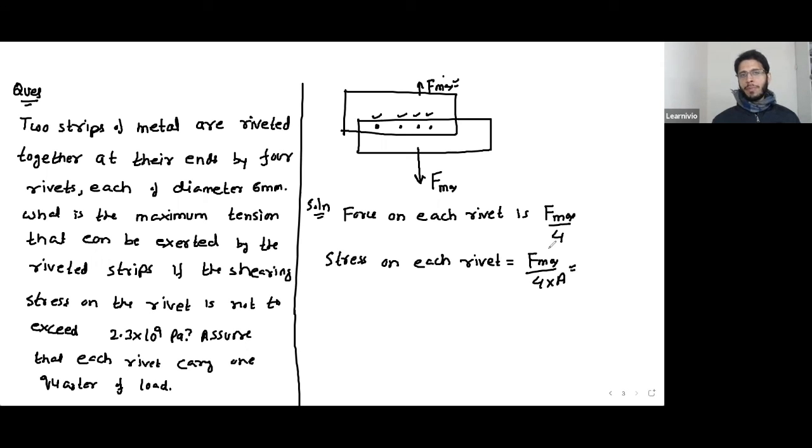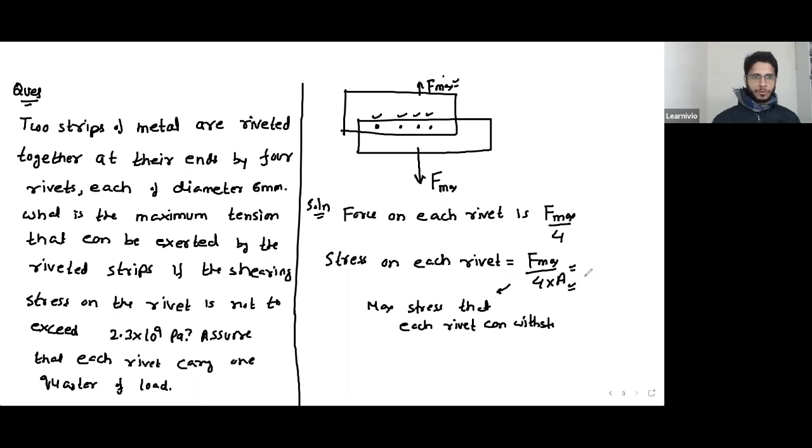So this is the maximum stress that each rivet can withstand. So is it clear up to this step, the second step?